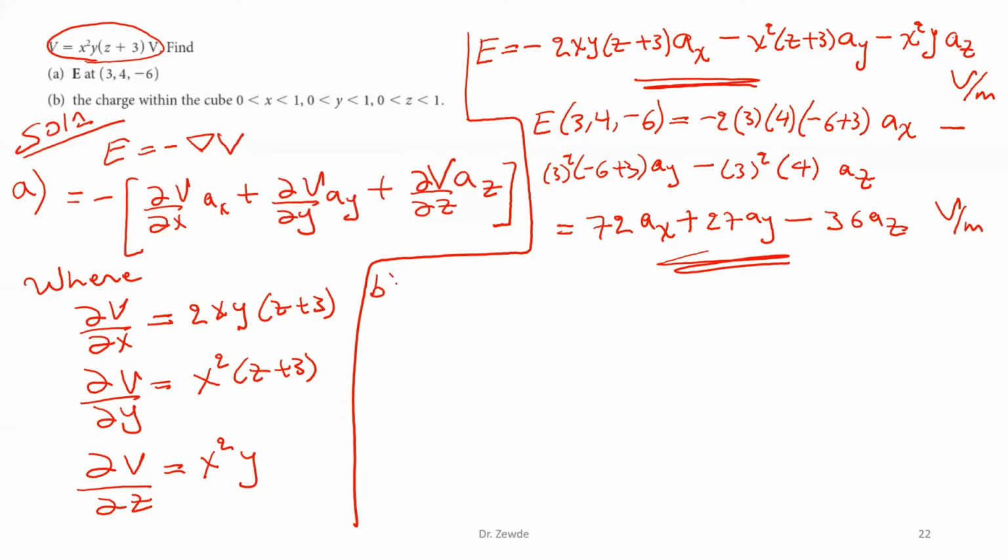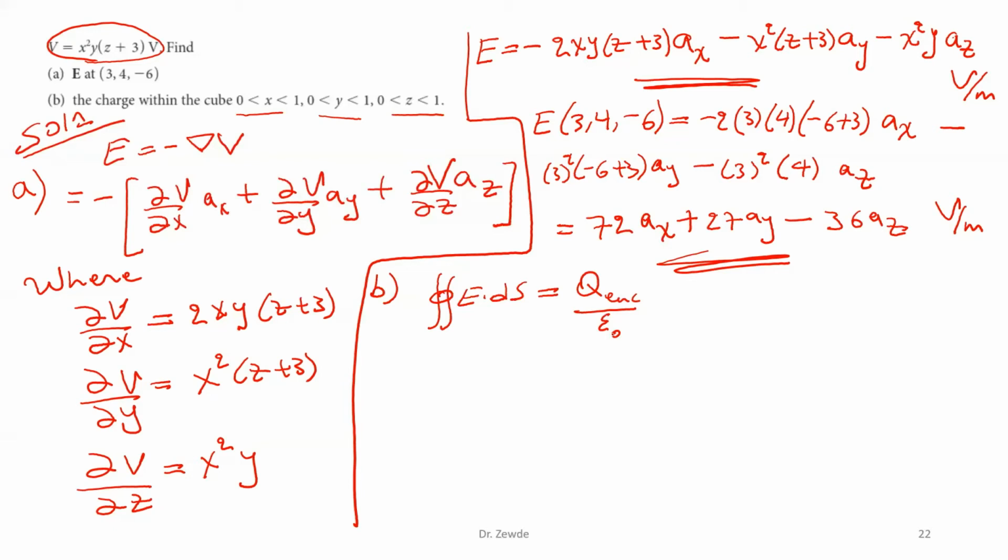Now, part B, we're asked to determine the charge contained in this cube, where the cube is 1 by 1 by 1. Using Gauss's law, we know that the closed surface integral of E dot ds is equal to Q enclosed divided by epsilon naught.